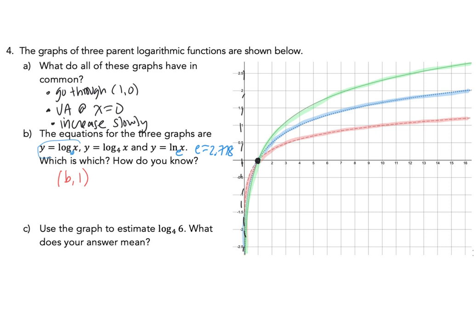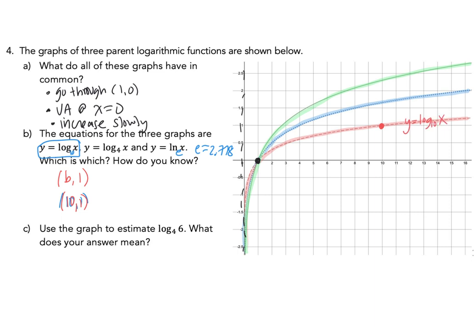So for log base 10 of x, it should go through (10, 1). If I go to the right 10 and I go up 1 unit, what do I notice? That would be right here. So this first one here is y equals log base 10 of x.